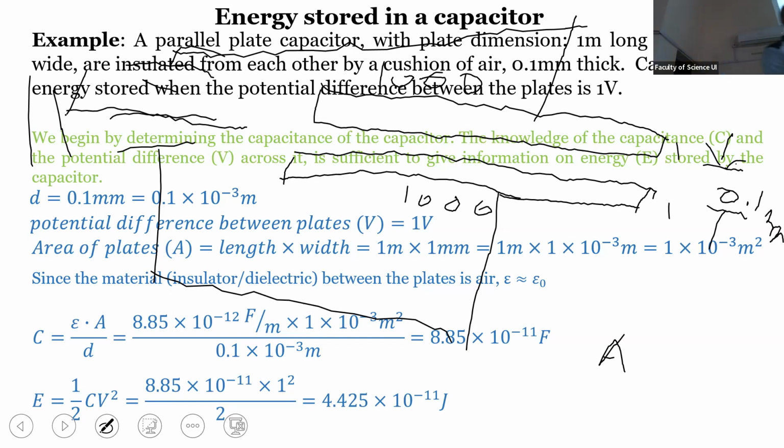If we know the area of the plates, the distance of their separation, and the permittivity of the dielectric, then we know the capacitance. When we know the capacitance, it's easy to obtain the energy stored, since we know the potential difference across the plates.